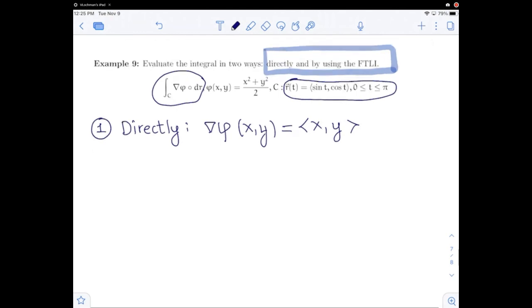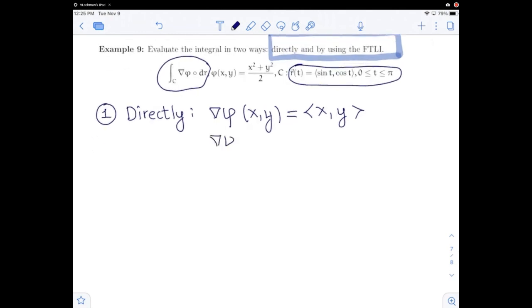All right, so what is our phi? Phi of x and y, how does that convert to t? That's going to be sine t, cosine t. That's our vector field in terms of t.